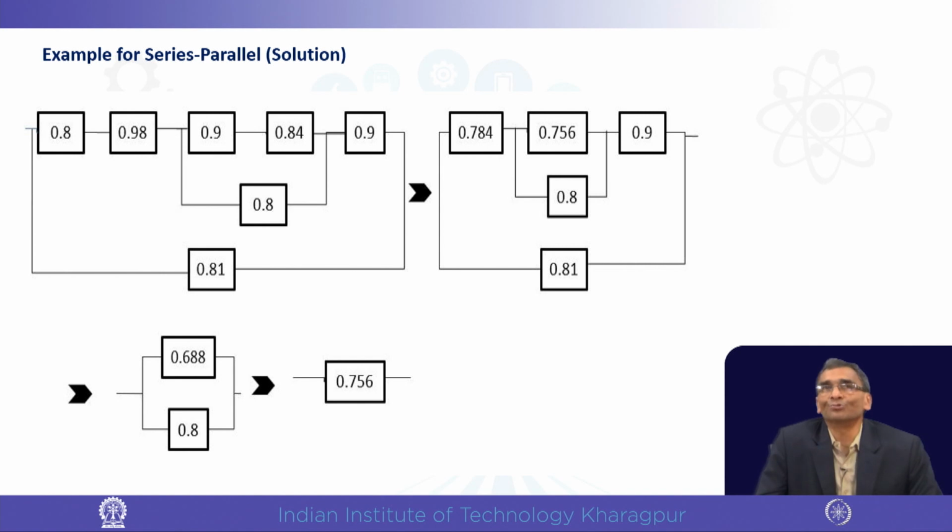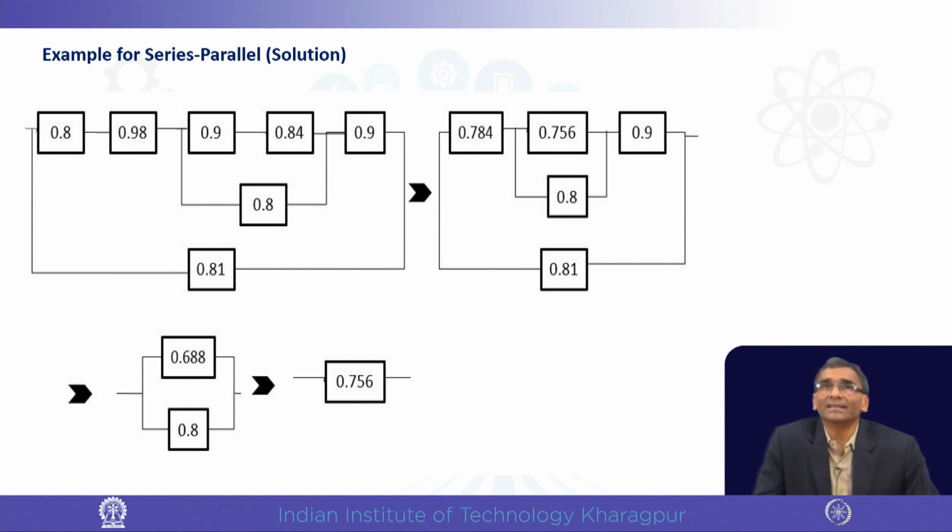You will find these values wherever they are, step by step, and you can try it once the lecture is over. The final system reliability is 0.7756, or in some people's way it is called 75.6% or something.